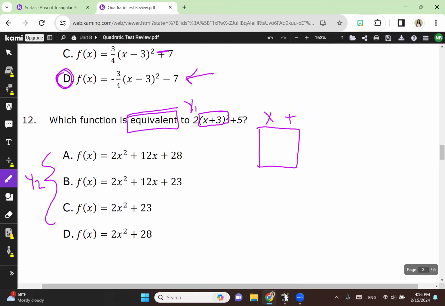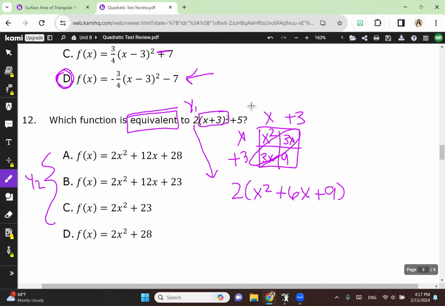So x plus 3, x plus 3, x squared, 3x, 3x, and then 3 times 3 is 9. Okay, so now you have 2, because I brought down that 2, times x squared plus 6x when I combined these two, plus 9. And don't forget you have that plus 5 as well.